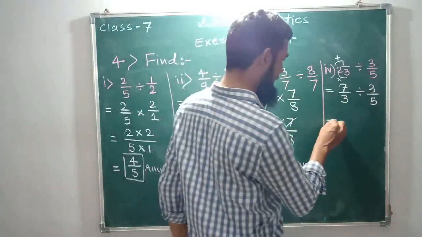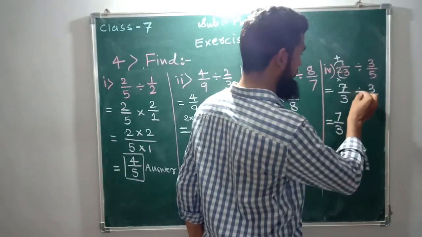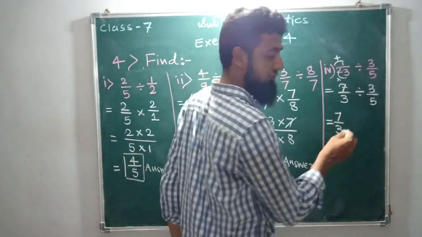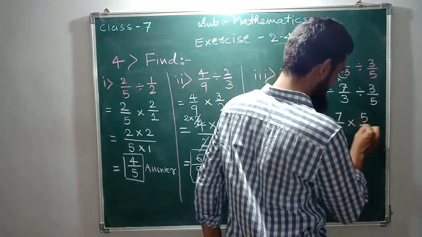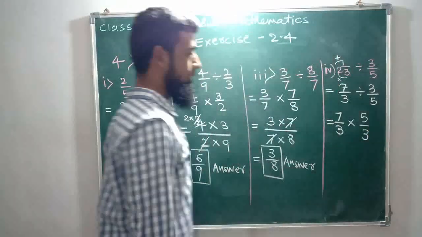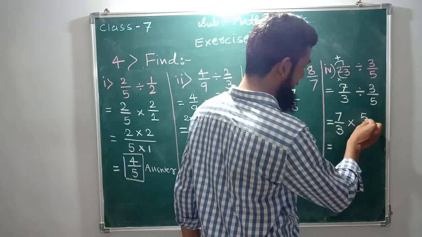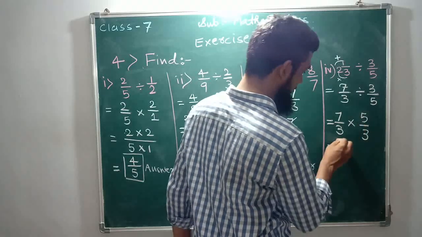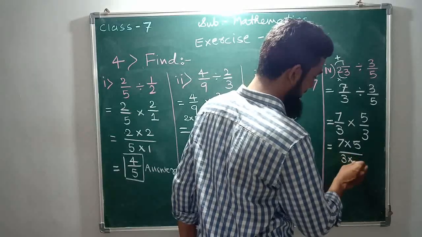Now 7 upon 3, converting the division into the multiplication symbol: 7 upon 3 multiplied by 5 upon 3. Now look at this side. 7 times 5 is 35, and 3 times 3 is 9.